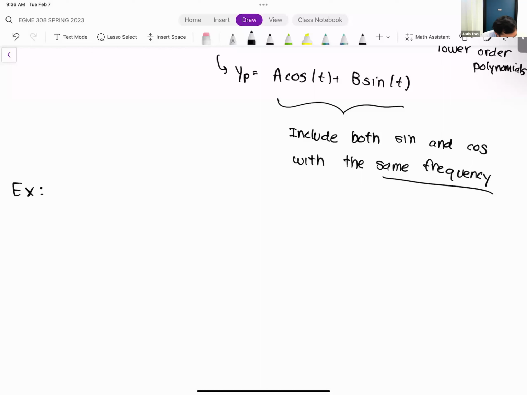In this example, let's have an undamped system. So we're going to have y double prime plus y equal to 0.001 x squared. We have a non-homogeneous equation because we have a term on the right-hand side.